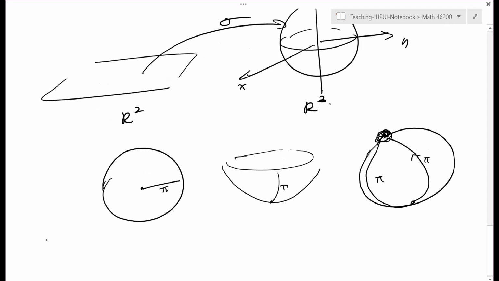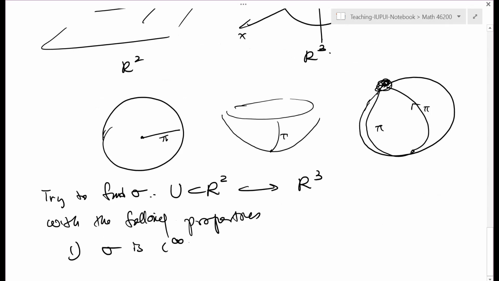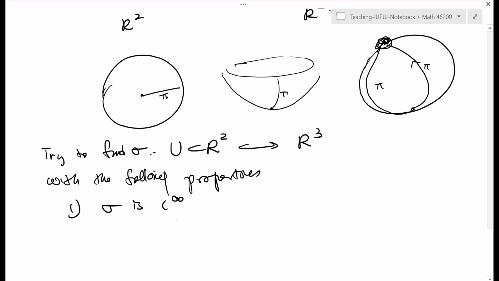What I was trying to do is find sigma from some open set in R2 into R3 with the following properties. One, sigma is smooth. C infinity means it's smooth, or differentiable as many times as possible as a vector function.